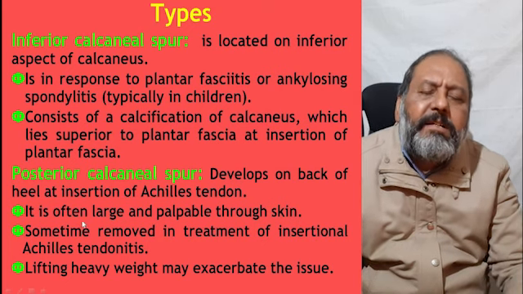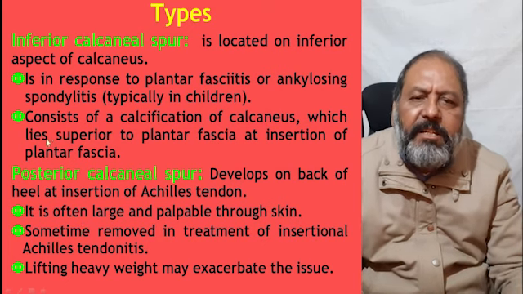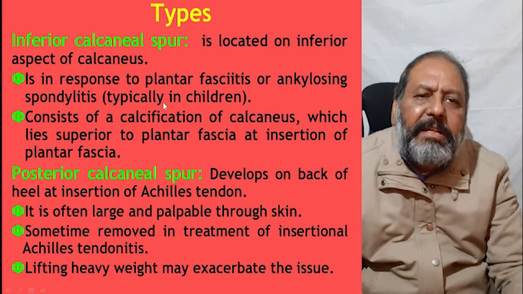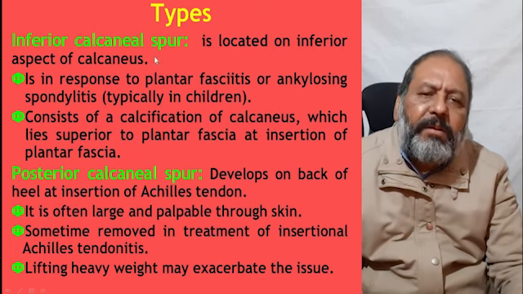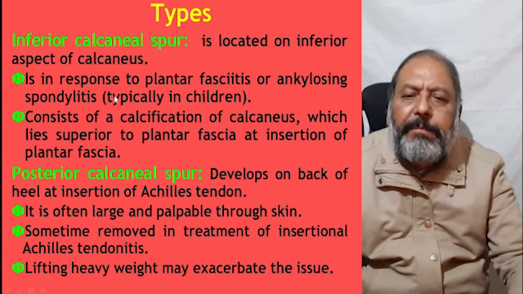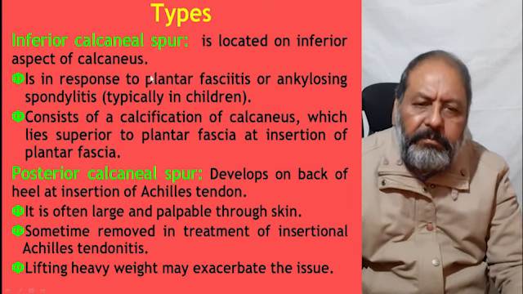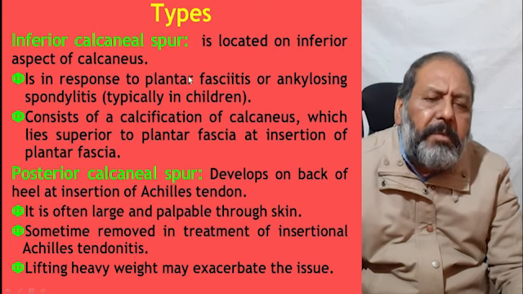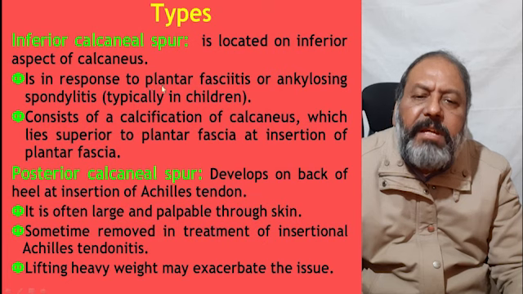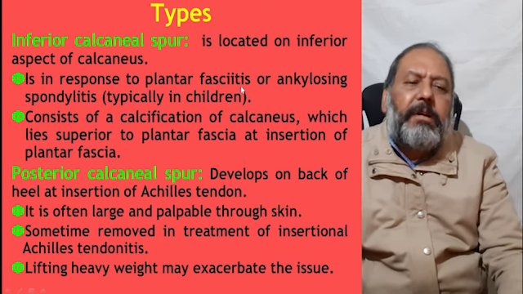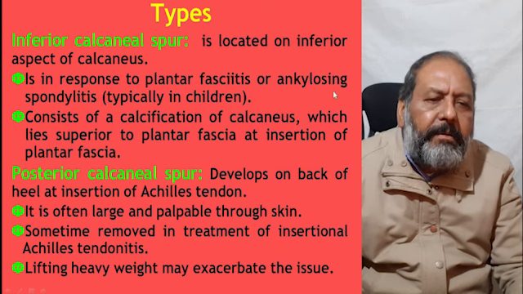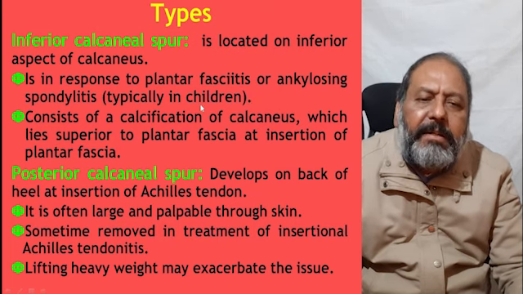Now, another type of calcaneus spur is the inferior calcaneus spur. It is located on the inferior aspect of the calcaneus, so the name is inferior calcaneus spur. It is responsible for plantar fasciitis, and it is in response to the plantar fasciitis that is causing this bone spur, or ankylosing spondylitis.